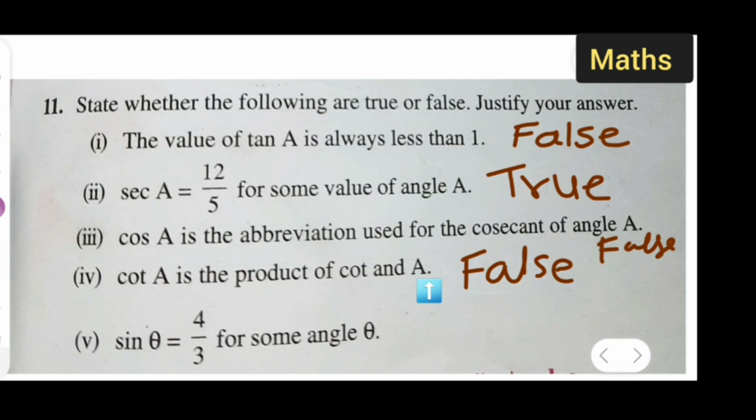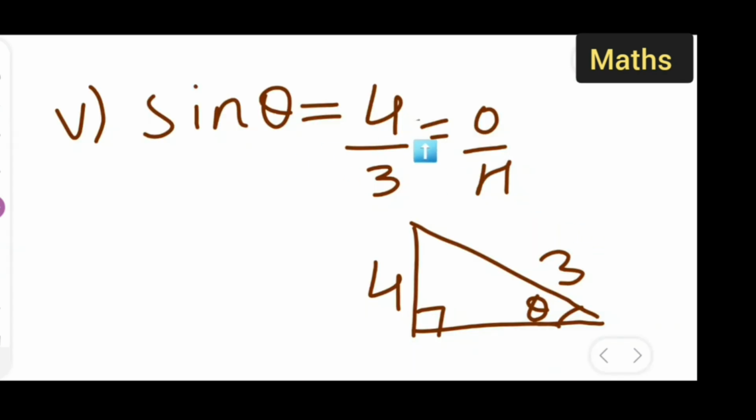Now we have the last statement, sin theta is equal to 4 upon 3 for some angle theta. Sin theta is opposite upon hypotenuse. Opposite of theta is 4 and the hypotenuse is 3 over here.